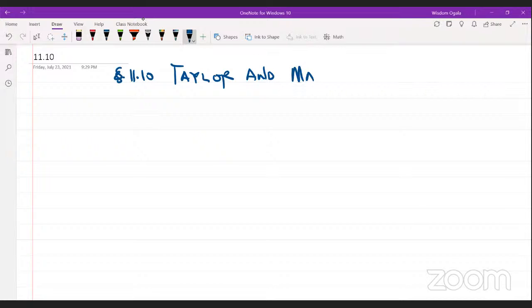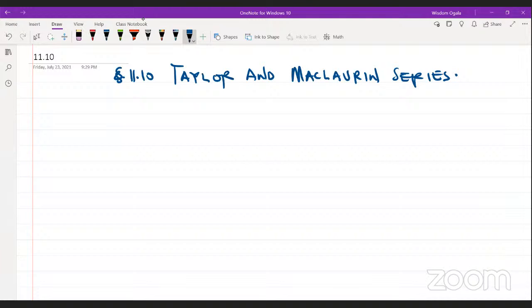The Maclaurin series is actually a special type of the Taylor series, and Taylor series has very wide applications in different fields.